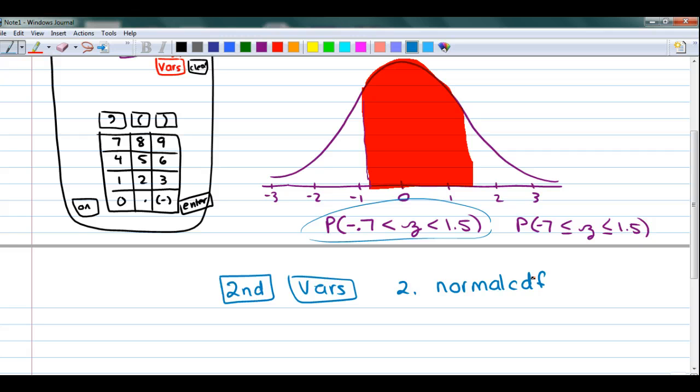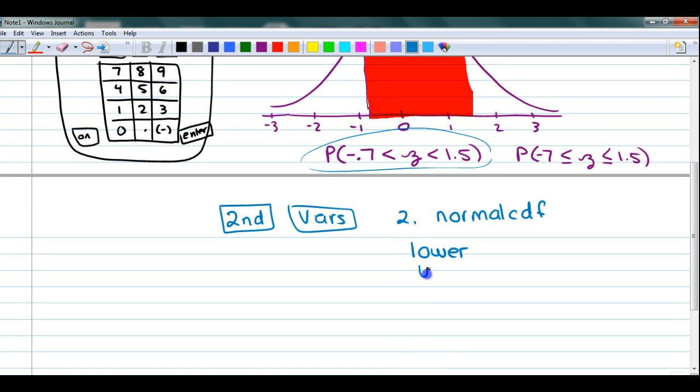And now my calculator asks me for a lower limit, an upper limit. It wants to know what's my population mean, what's my population standard deviation, and then it asks me to paste.